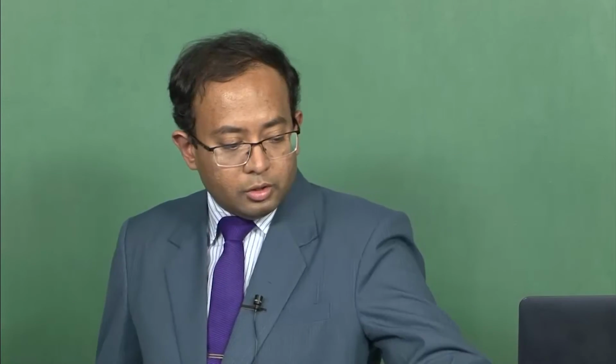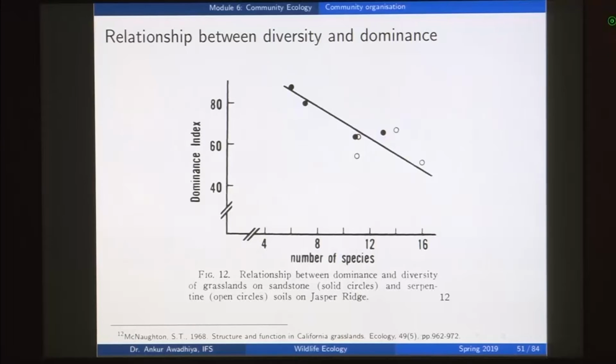So, here again we will say that the amount of biodiversity in this community is less. Why? Because if you go anywhere you will find either individuals of species 1 or individuals of species 2. So, the more is the amount of dominance, the lesser is the biodiversity.